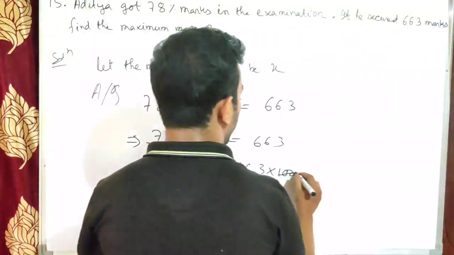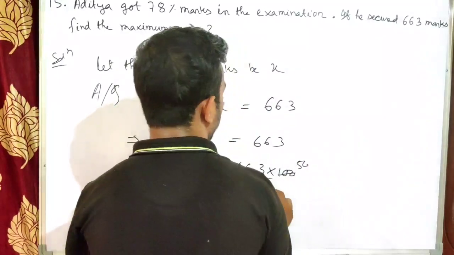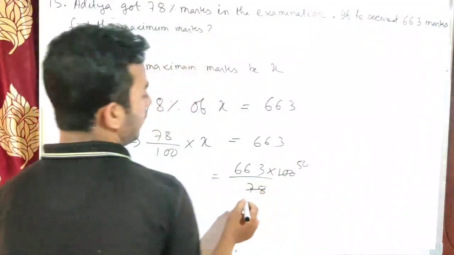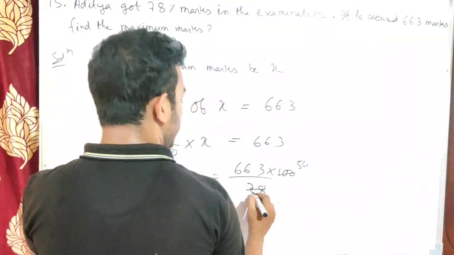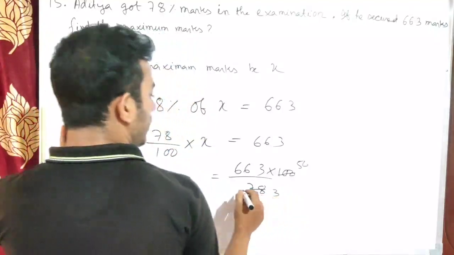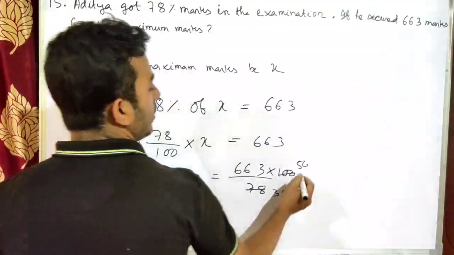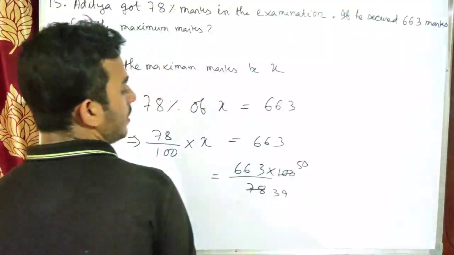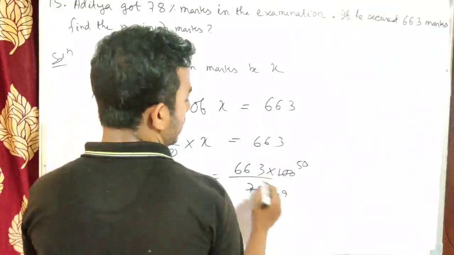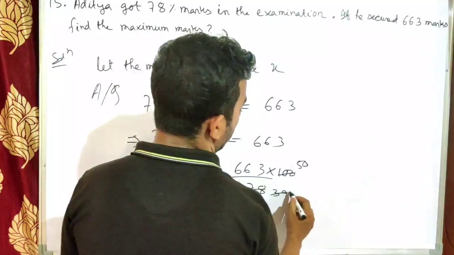Now we can cancel. 2 into 3 is 6, 2 into 9 is 18, 2 into 9 is 18. Now 13, we can cancel it. 3 into 13.